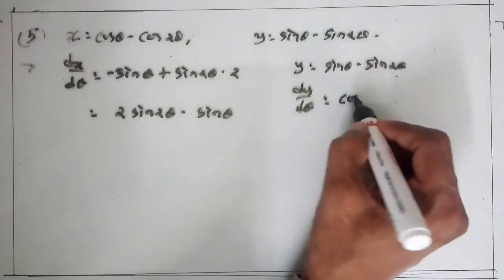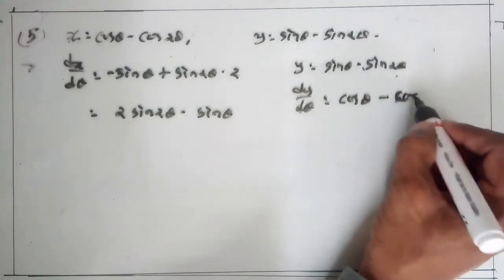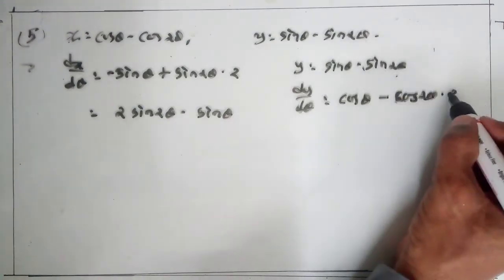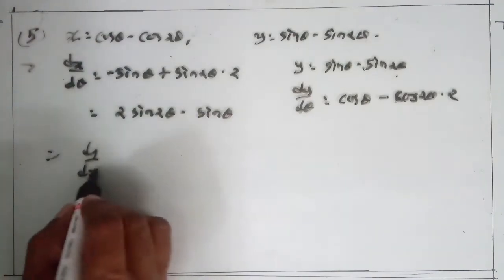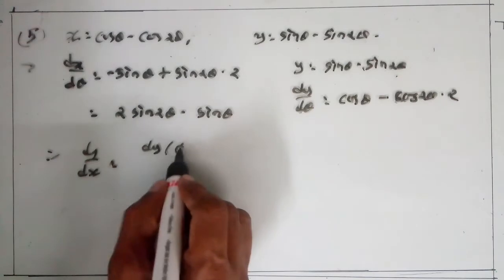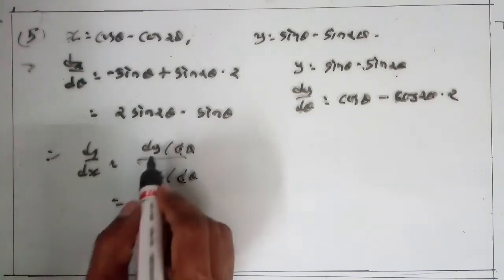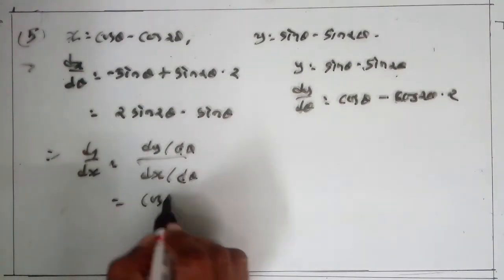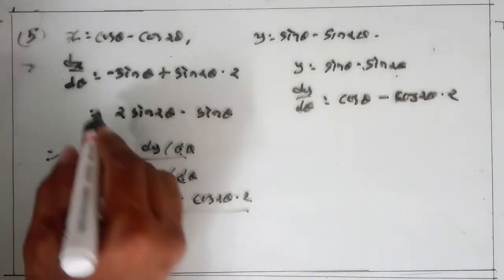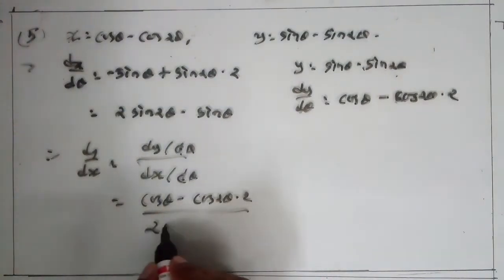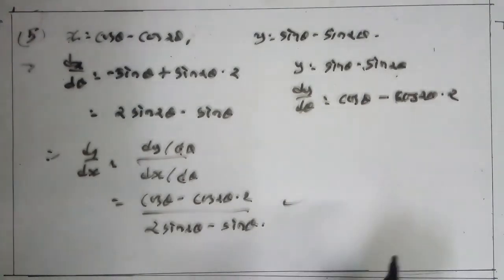The derivative of sin is cos theta, minus the derivative of sin 2 theta is cos 2 theta into the derivative of 2 theta, which is 2. Clear? Therefore dy/dx is equal to, we know, dy/d theta upon dx/d theta. dy/d theta is equal to 2 times cos theta minus cos 2 theta, upon dx/d theta, which is equal to 2 sin 2 theta minus sin theta. This is the answer. Clear?